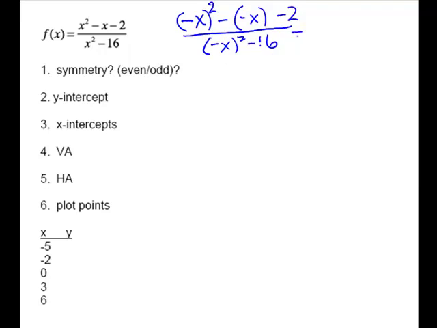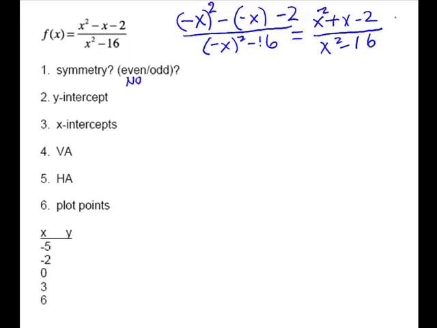So this gives us x squared plus x minus 2 over x squared minus 16. Right? Is that identical to the original? No, because the sign of this x is mixed up. So this one is no.